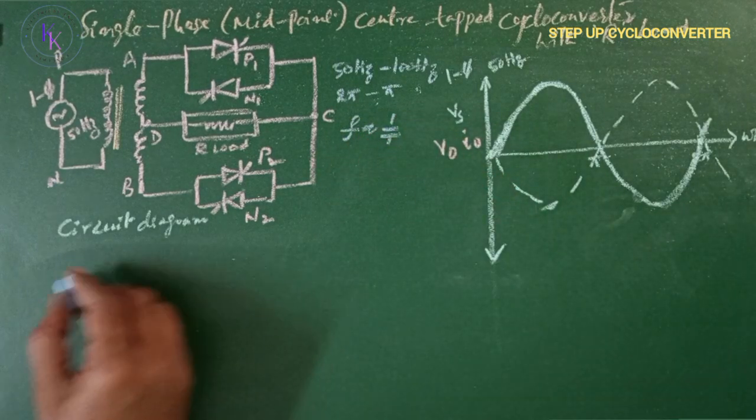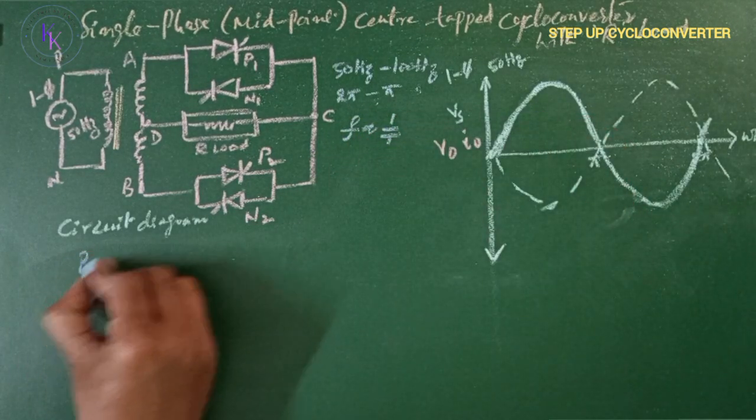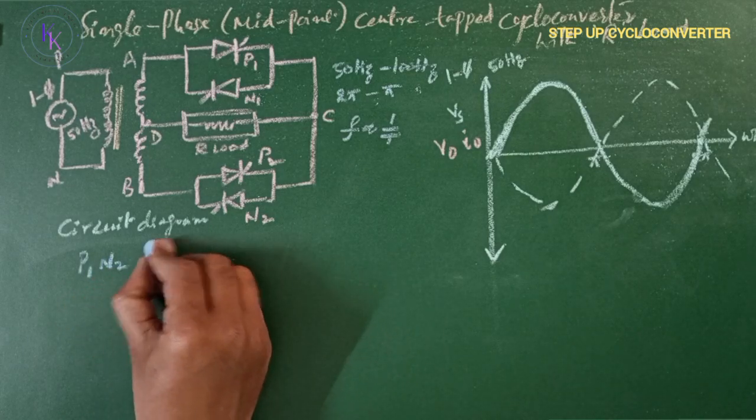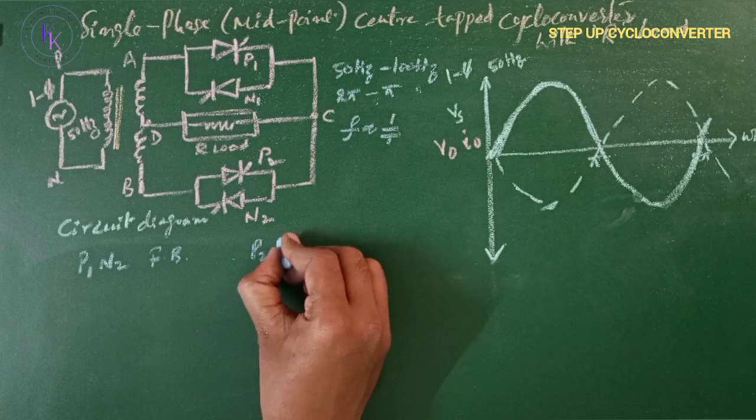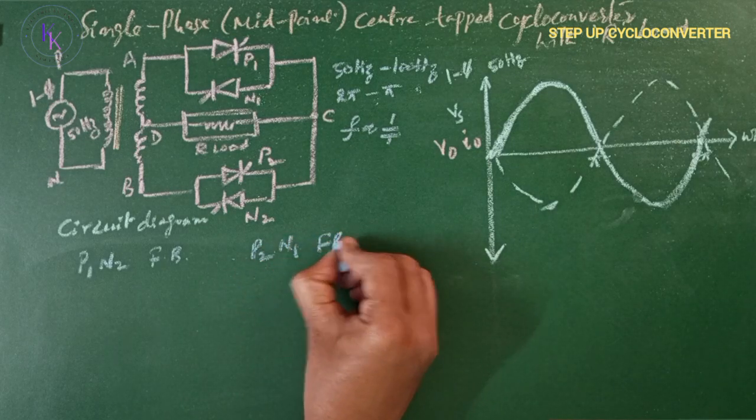In the positive half cycle of the supply, P1 and N2 are forward biased and can conduct. In the negative half cycle, P2 and N1 are forward biased and can conduct.